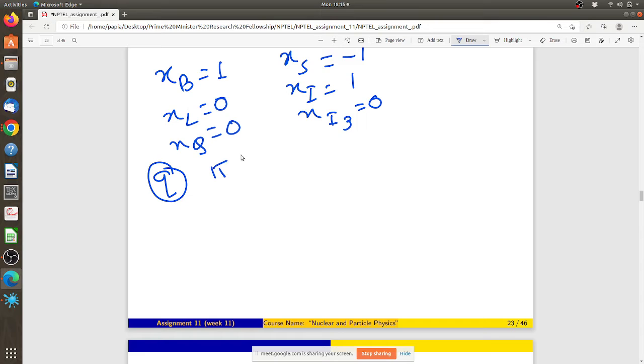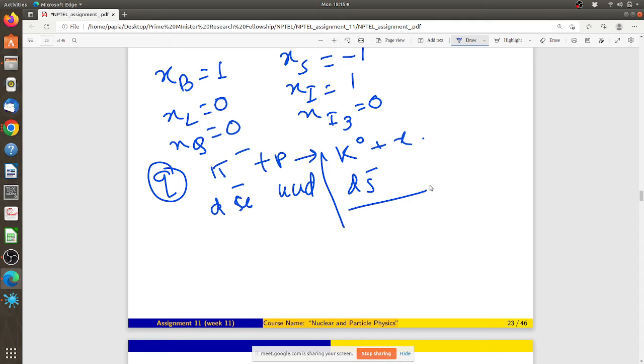That one was pi minus plus P goes to K0 plus X. So the quark content is d u bar for pi minus, u u d for P, and K0 is d s bar. So what should be the quark content of X?